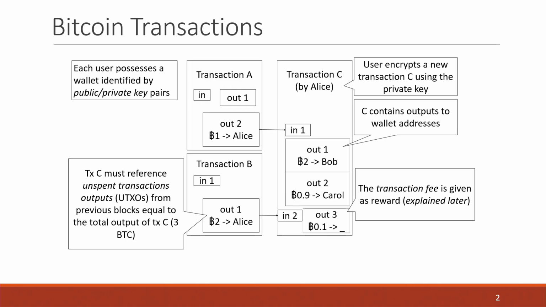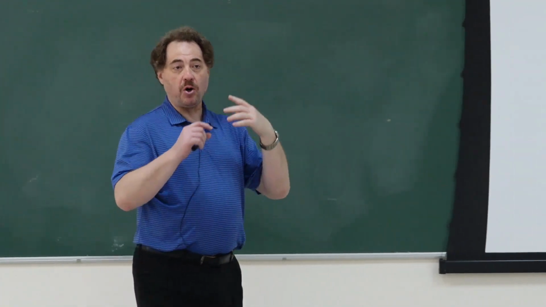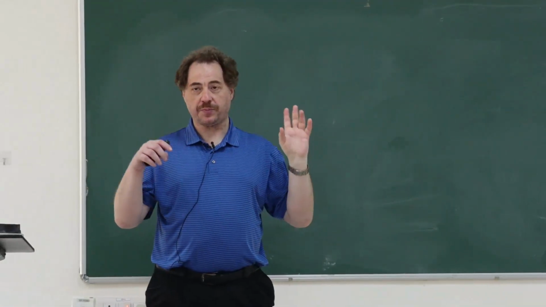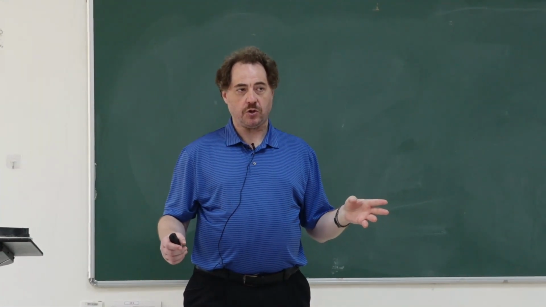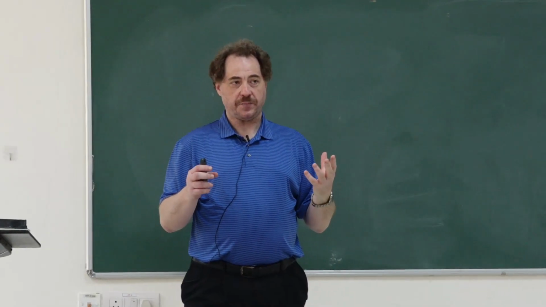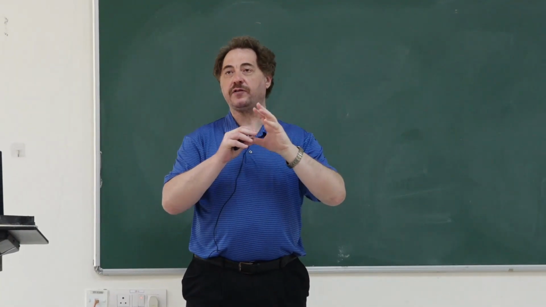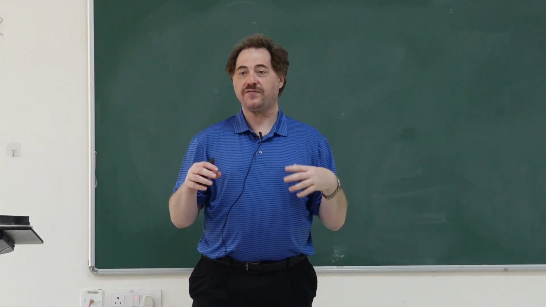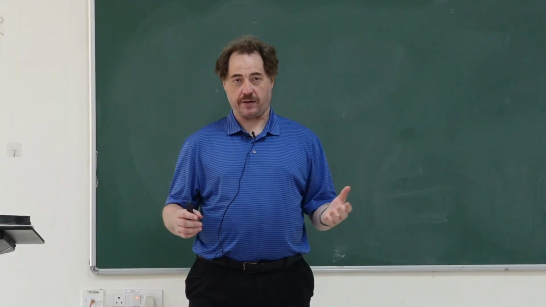So for every transaction, there are multiple inputs and multiple outputs. So what does it mean? Suppose I don't have, as a user, I don't have a balance. It's not like a bank.